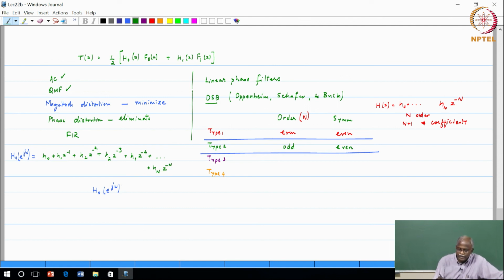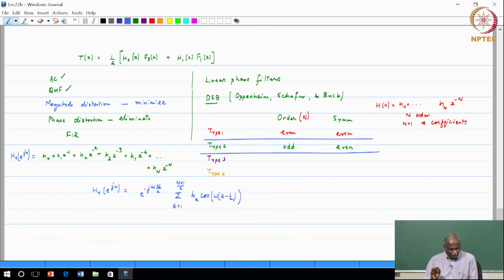So H0(e^{jω}) in this case can be written as e to the power minus jωn by 2, summation k equal to 1 to so on. This is not as important, but if you have a doubt, please look it up in Oppenheim and Schafer. This would be b_k cosine ω(k minus 1/2).